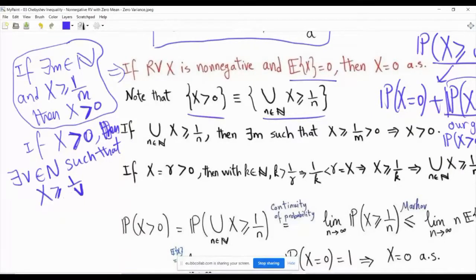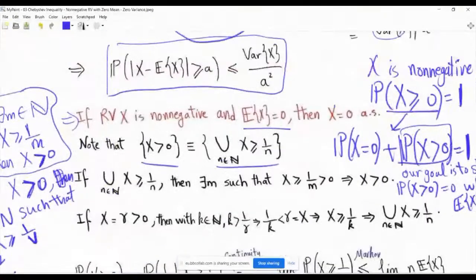Take the reciprocal of both sides of the inequality, so 1 over x is less than or equal to v. So you just need to choose v greater than or equal to 1 over x. If you know that x is positive, you can always find such a natural number, greater than or equal to 1 over x, and in that case x is greater than or equal to 1 over v. So these two events are equivalent to one another.